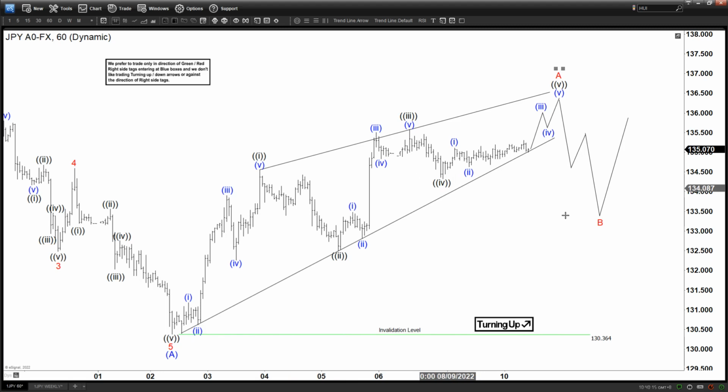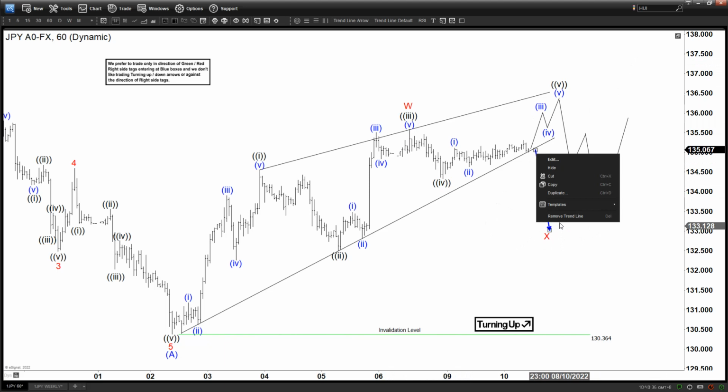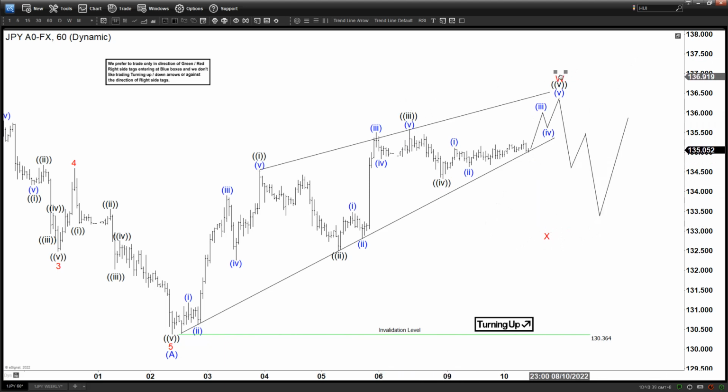We have an overlap. Now, shorter cycle always can change a lot. We could, for example, instead of 1 2 3 4 5, be ending W here as an ABC and start to pull back, doing ABC X and then higher again, right? It really doesn't change too much of the idea if that happens.